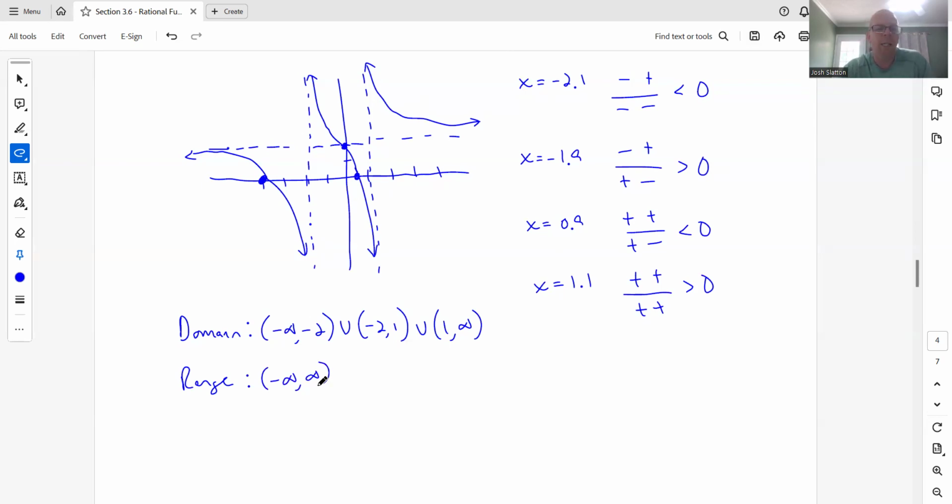The domain never will be if we're set up with a rational function. So domain's never all real numbers. Range could really be about anything. You could have it all below the x-axis or above the x-axis or whatever it is. The range could be almost anything.